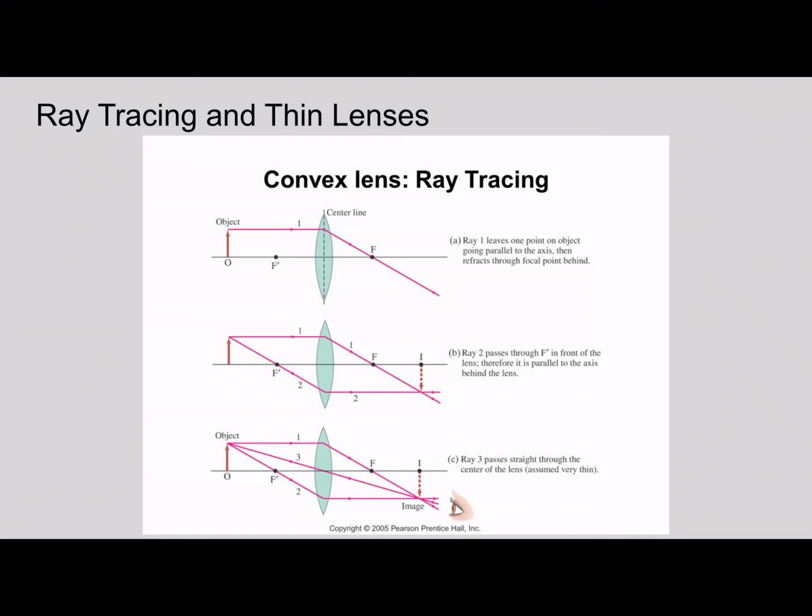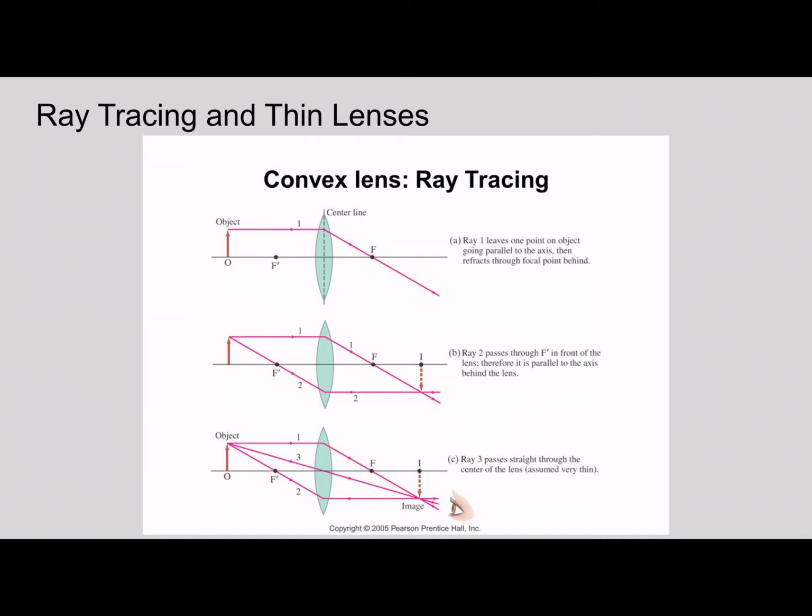And just like with the mirror, where we looked at the tangent line where the ray hits the surface of the mirror, and then how that would result in reflection and what direction that would go in, you can do the same thing here with refraction and think about how the light would be refracted at the tangent to the surface at this interface, and then how it would be refracted again as it is leaving the lens. So rather than bouncing back off, we're trying to figure out how to draw these rays and refract them through the lens.